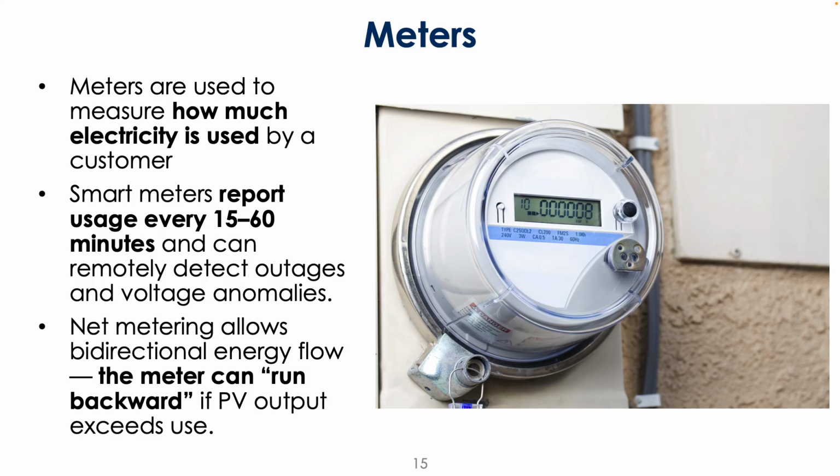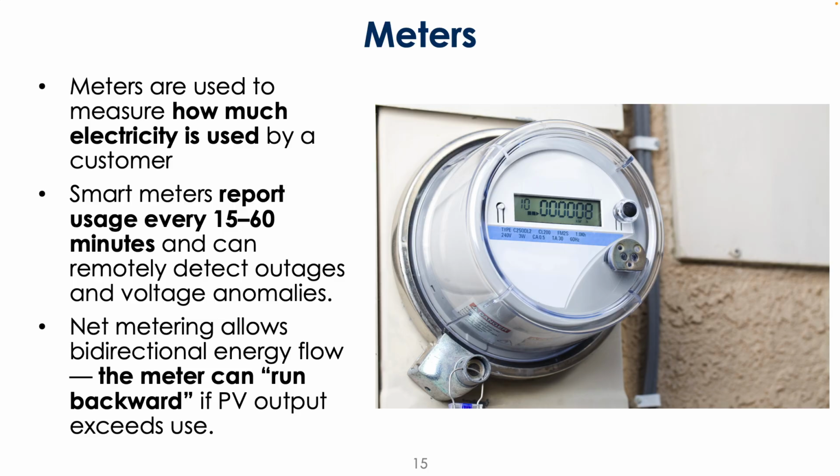Coming in from the utility lines and going into the customer end use, you've got this meter that sits right at that intersection, which measures how much electricity is passing from those lines into your ultimate end-use consumption.